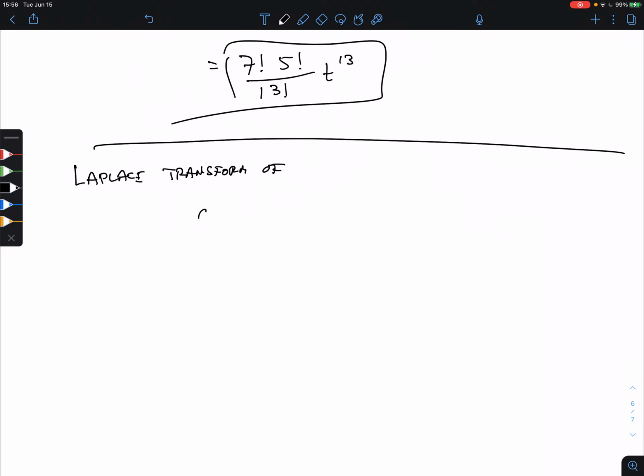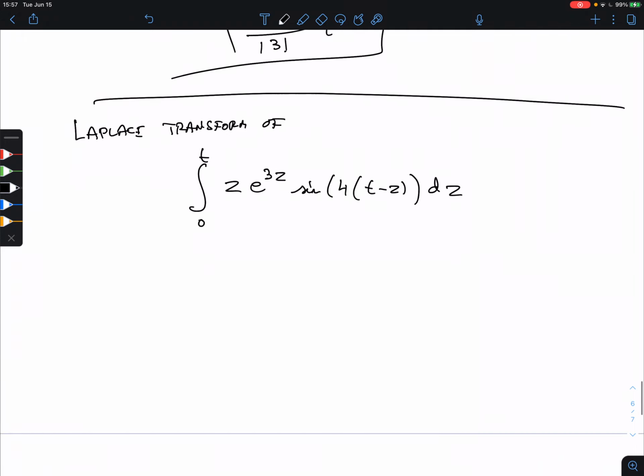So I will do an example: the integral from 0 to t of e to the 3z sine 4(t minus z) dz. Let me make sure that I copied it correctly. Okay, so find the Laplace transform of this.